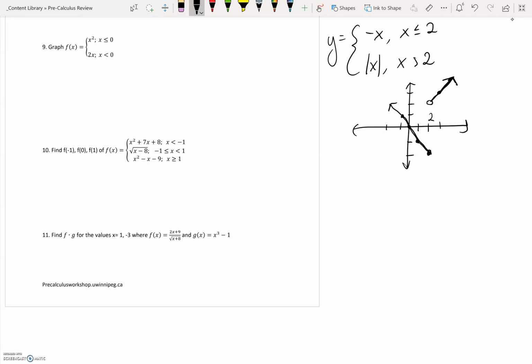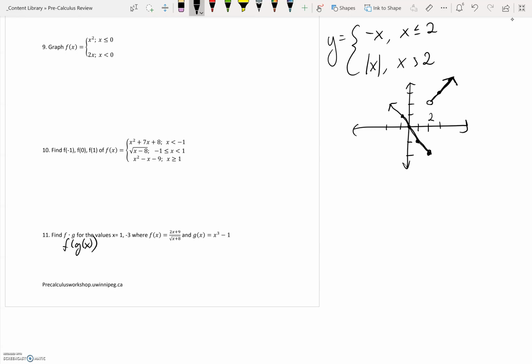Then lastly, the last question, it's an f of g type of question. So remember when you have f of g, this could also look like f of g of x. And you're going to plug them into each other.